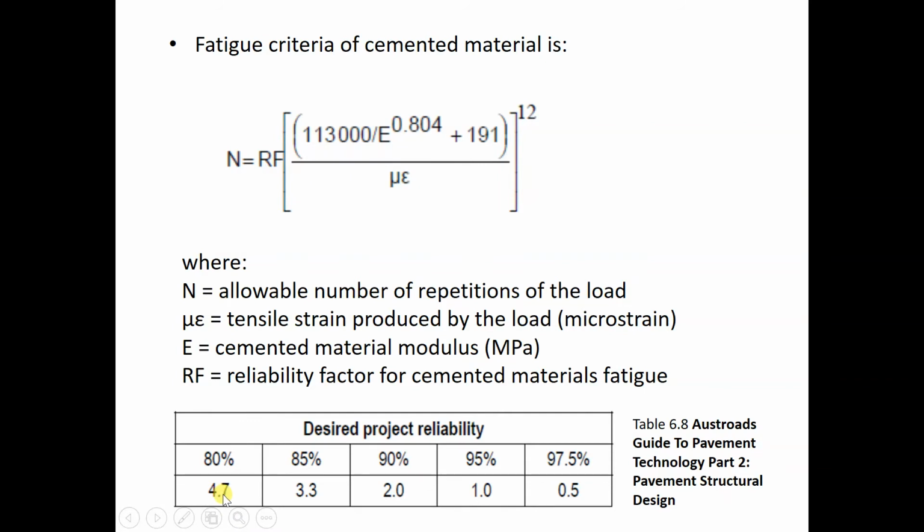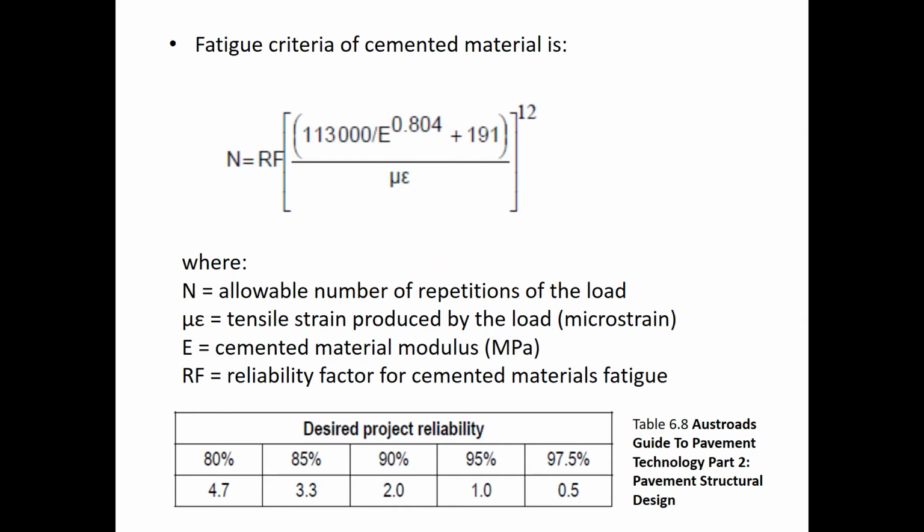So for example, say the allowable loading is 100%. Let's say you want it to be very reliable, you need to lower the allowable repetitions, for example to 2 million repetitions.